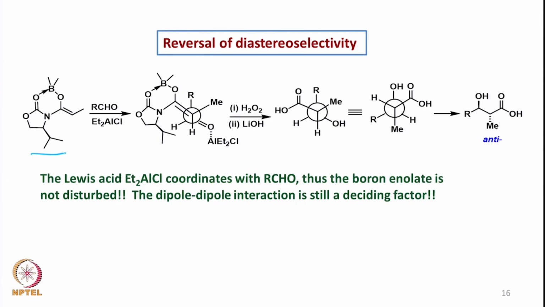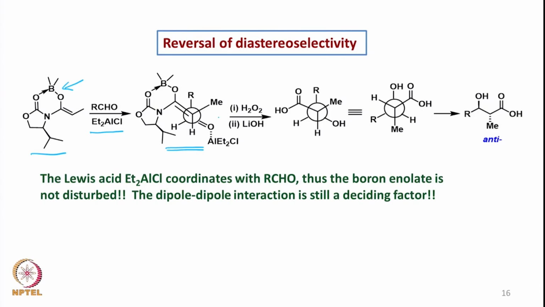Now if we add extra Lewis acid such as diethyl aluminum chloride, then this particular chelation does not break, and the aldehyde comes in contact with this enolate in this particular fashion, because the aldehyde oxygen has this extra Lewis acid interacting with its oxygen. That means the aldehyde oxygen interacts with this, so it does not need to break the boron enolate and then interact with the boron.